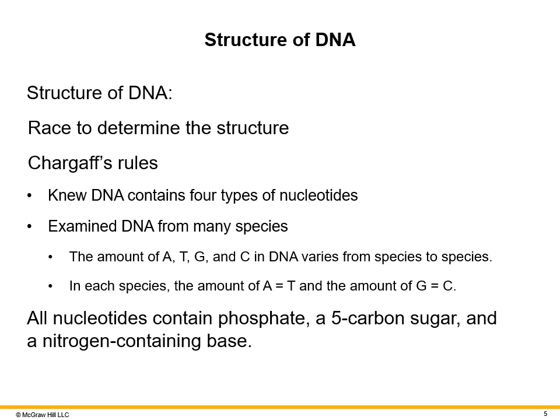The amount of A, T, G, and C in DNA varies from species to species. A matches with T and G matches with C, so the amount of A nucleotides equals T and G equals C. All nucleotides contain phosphate, a 5-carbon sugar, and a nitrogen-containing base.